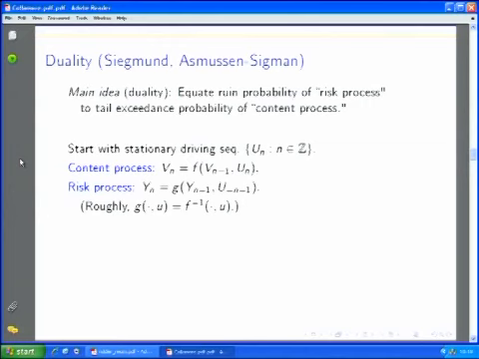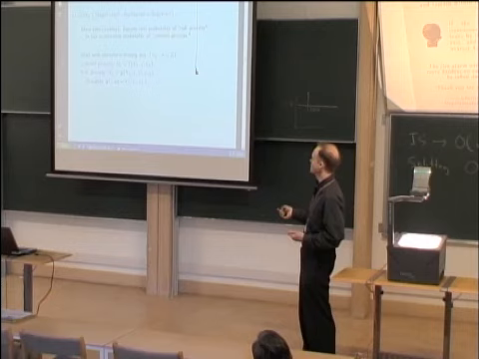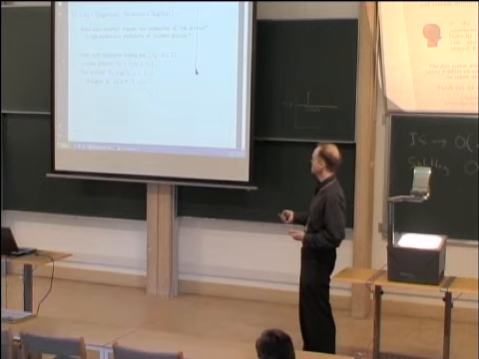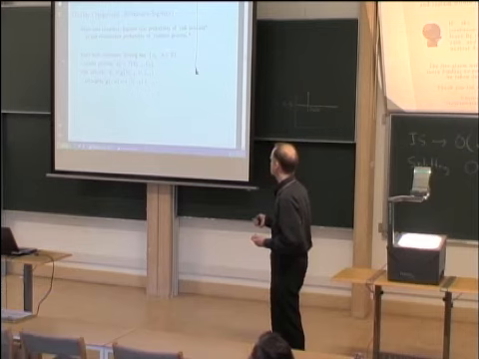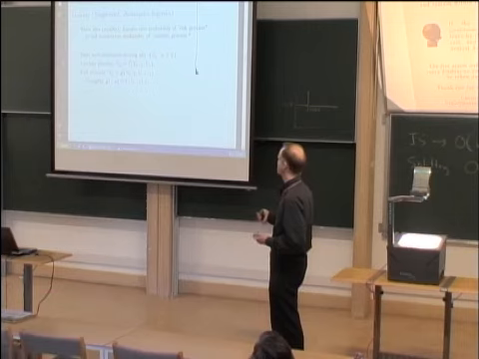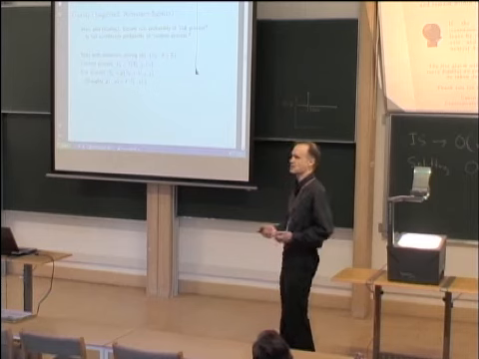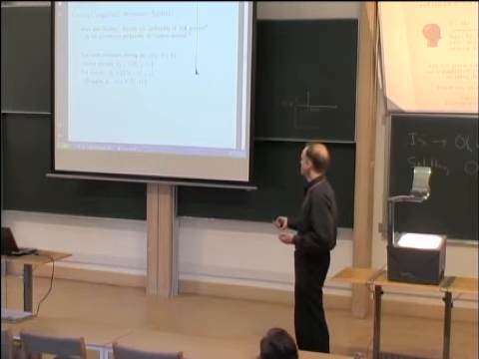So this leads us to the idea of Siegmund duality, although here we're actually following another version from Asmussen and Siegmund. And in the general form, this allows us to equate, for example, a ruin probability of a risk process with a tail exceedance probability of a content process.